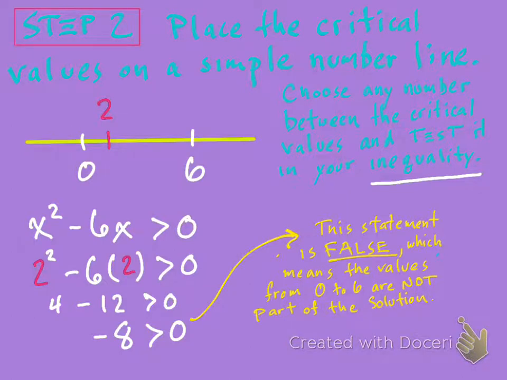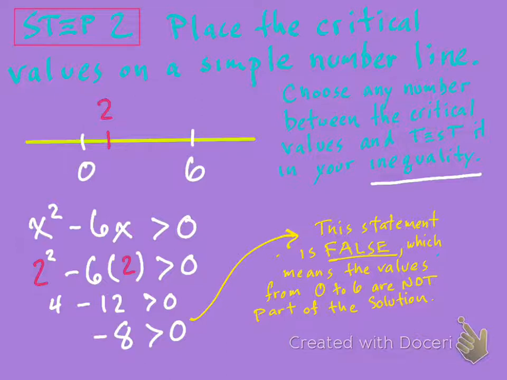This is a false statement, which means that the interval from 0 to 6 is not a solution interval to this inequality. So we're not done. We found an interval of numbers that does not work. And actually, with more practice, you'll see that when you find one that does not work, you've actually kind of by default found the solution intervals that do work, but we'll get to that later.